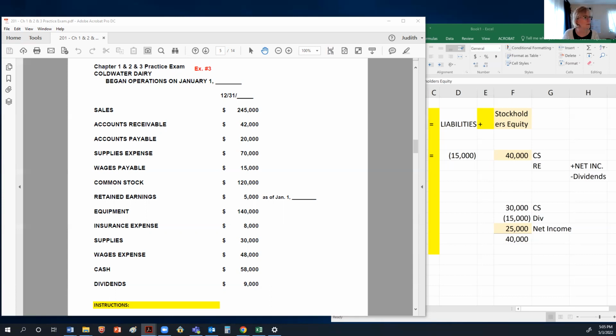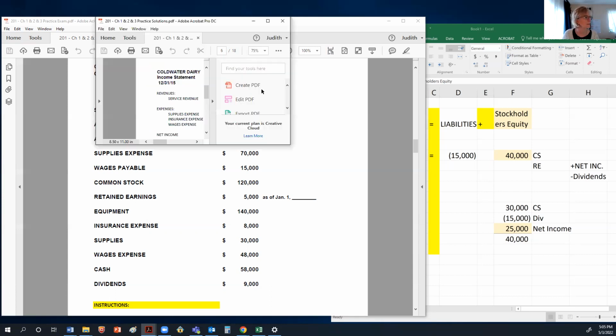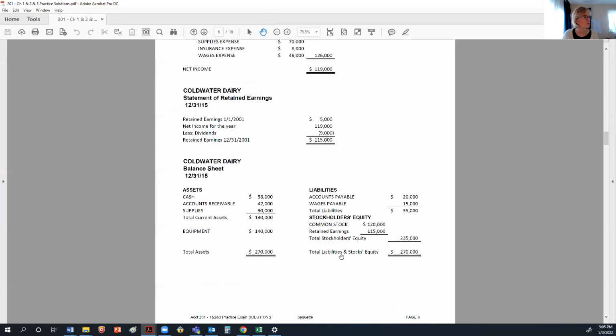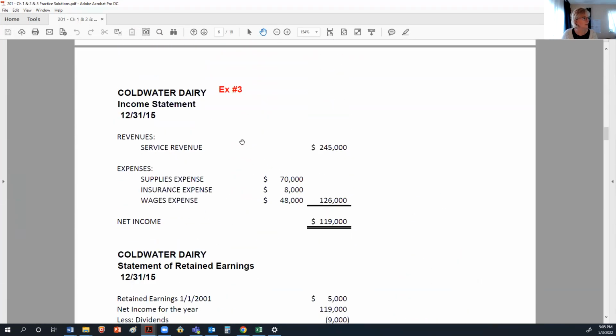So here are the solutions for the statements, and let me just point out a few things here. Be sure to put your titles, and the one thing I did leave off the titles is that for the income statement, it's for the period ending. So you always want to get that in there.